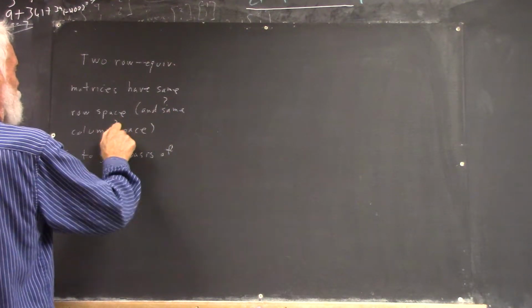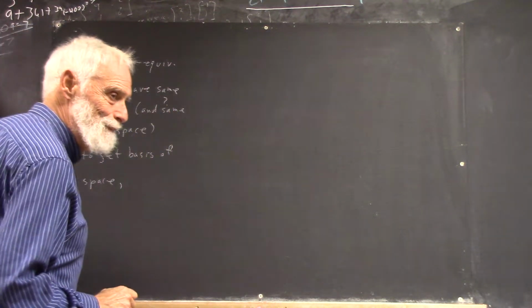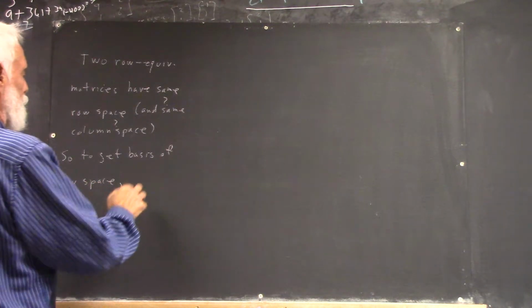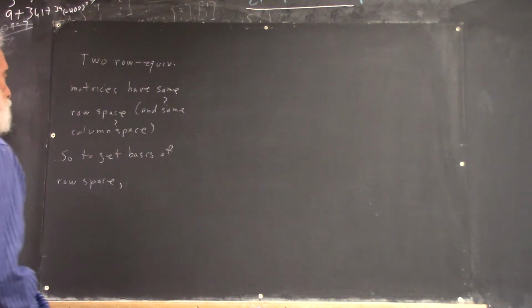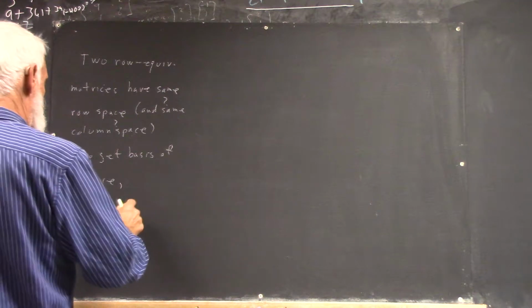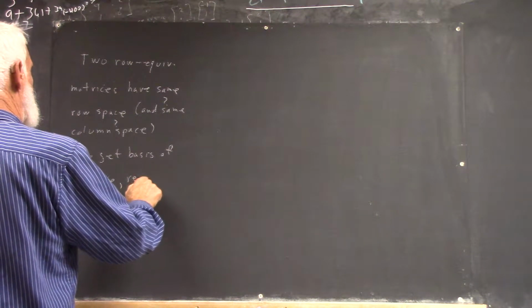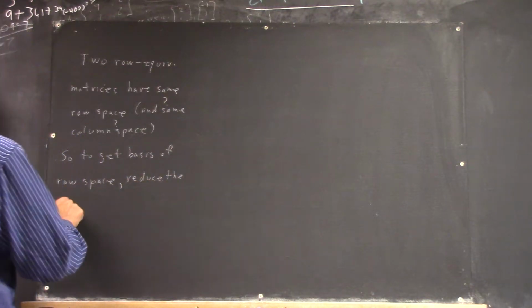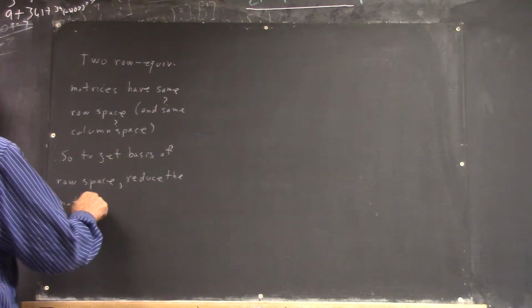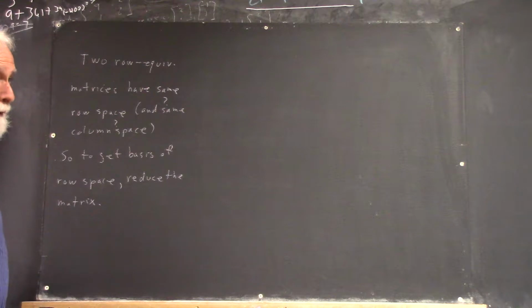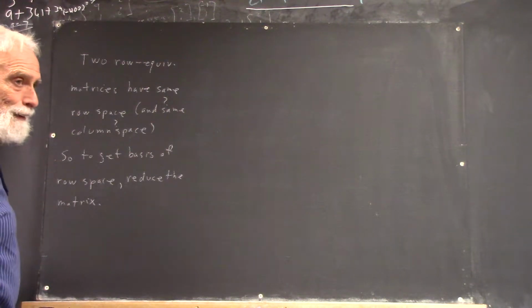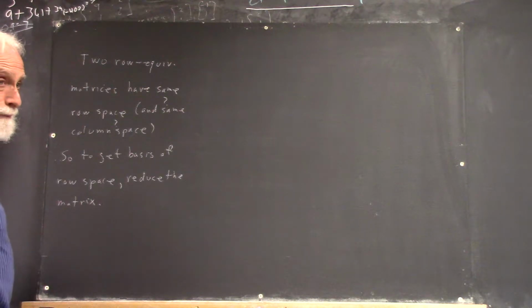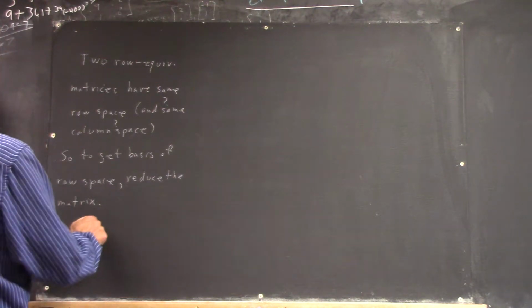We'll leave that as a question mark, okay? Because that takes a little thinking. Okay, so to get the basis of the row space, reduce the matrix. Okay, you'll end up with a basis. Because what?